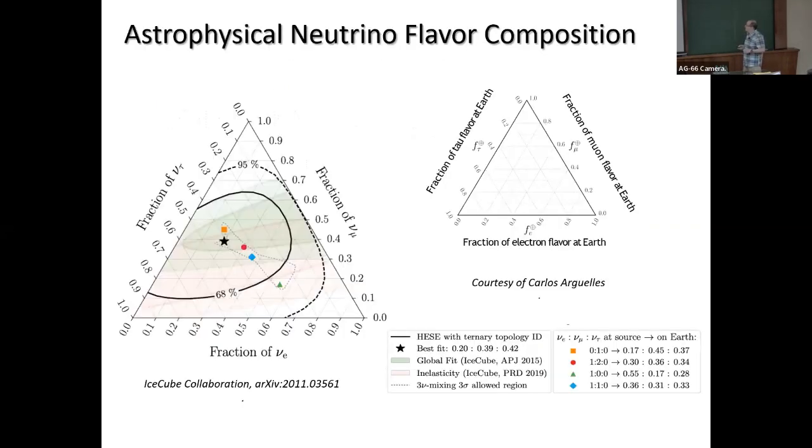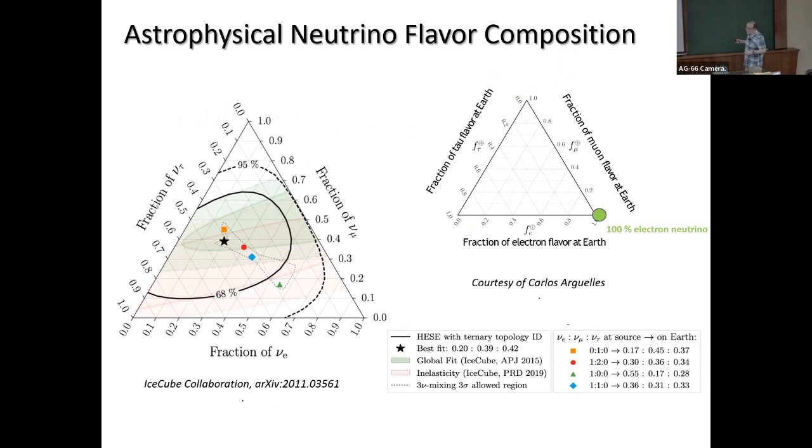But let's see one of the most important results from IceCube, which is the measurement of the astrophysical neutrino flavor composition. This triangle is going to be read like this. At this point, I have 100% mu neutrino. At this point, I'm going to have 100% electron neutrino.